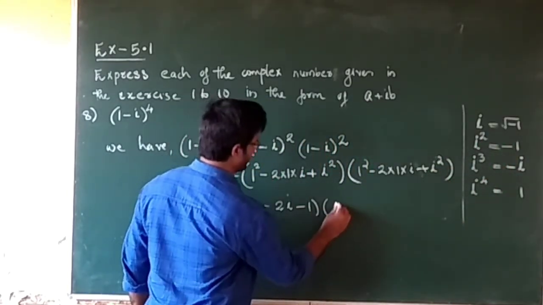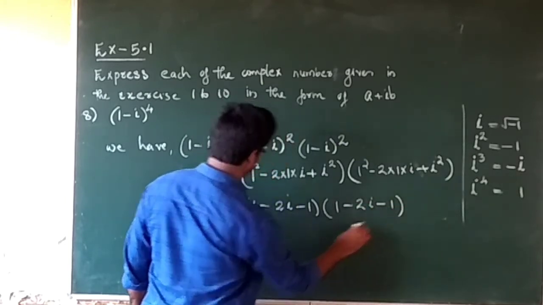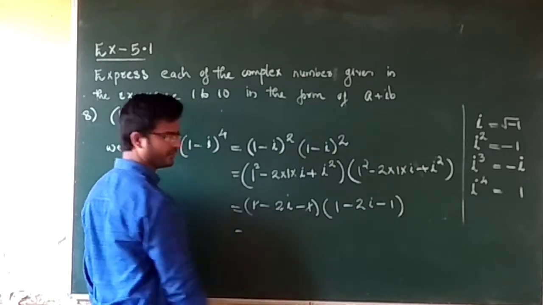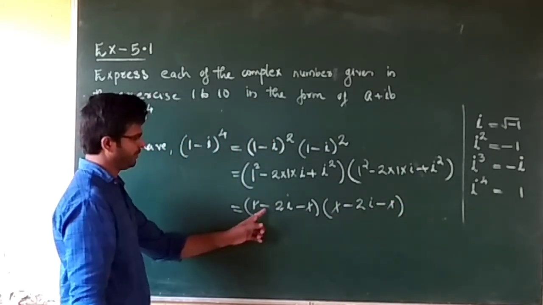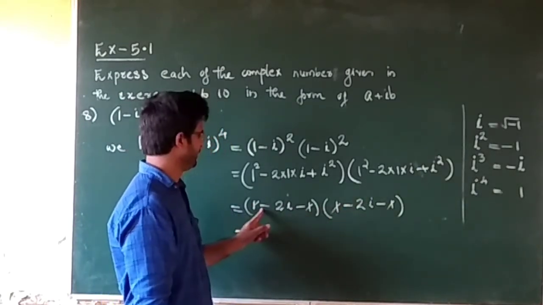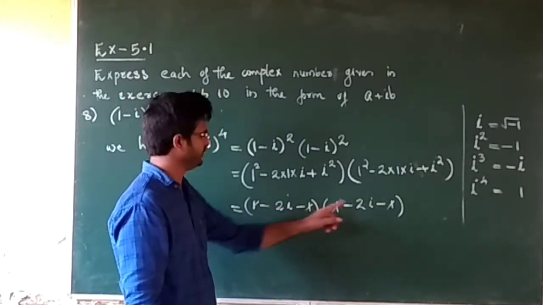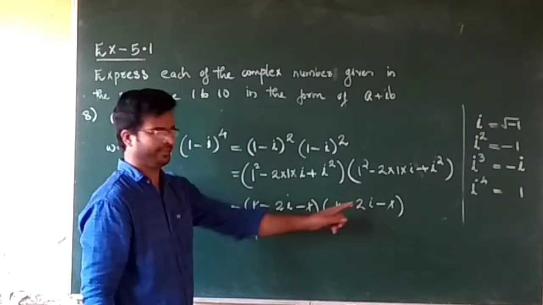Minus 1. Here also 1, 2i, minus 1. 1 minus 1, that will be 0. Here also 1 minus 1, 0. Then remaining minus 2i into minus 2i. Minus into minus plus, 2 into 2, 4, i into i square.